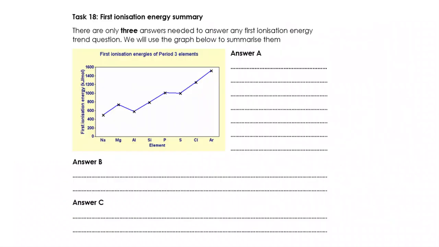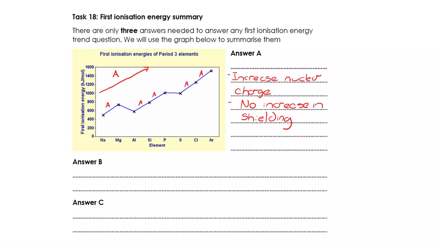So we're going to carry on building on this and forming a summary. The first ionization energy summary is very, very important because there are only 3 answers as you go across the period. The first one is the general trend, and any that go up can all be answered by answer A. Increased nuclear charge, no increase in shielding, so the first ionization energy goes up.